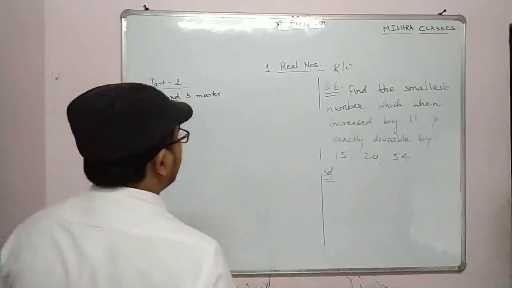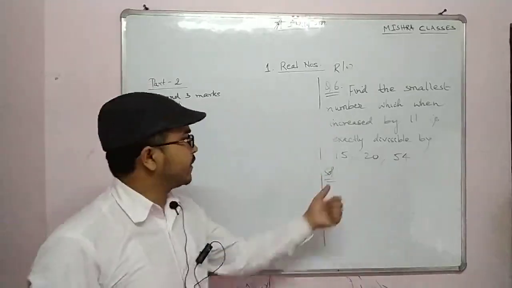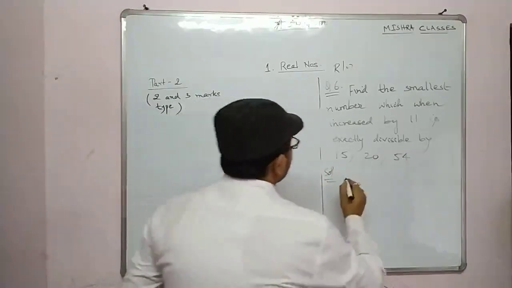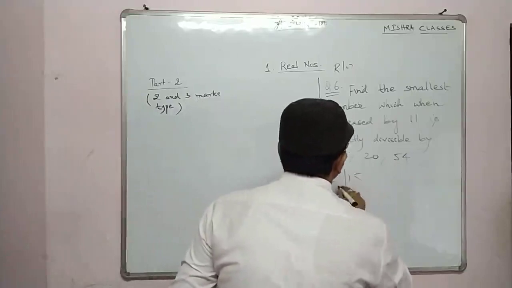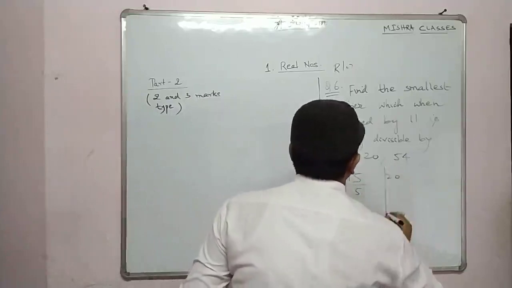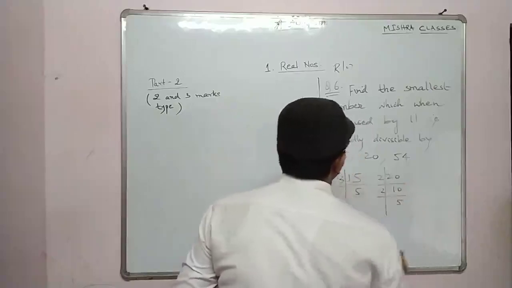Now you see what we'll do, we will prime factorize these numbers: 15, 20, 54. 15 we get 3 times 5. 20 we get 2 times 10, and 2 times 5 is 10.